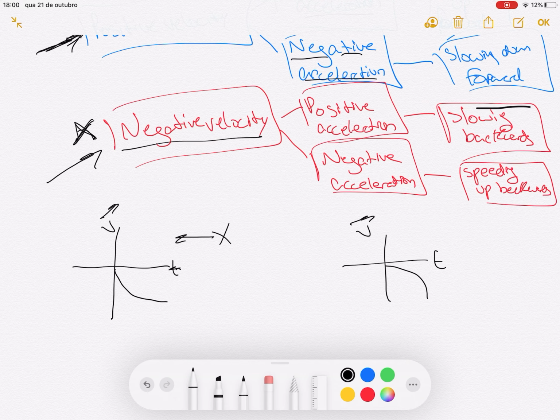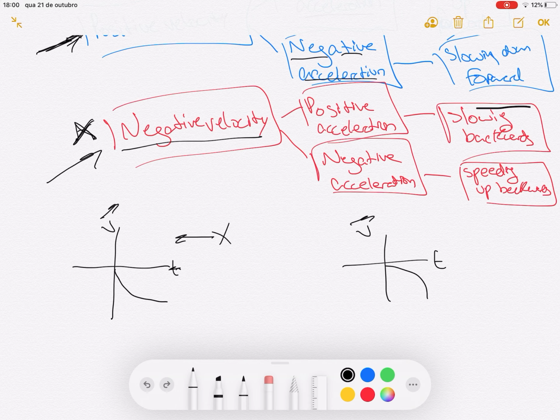And is there positive acceleration? Well, if we don't necessarily know that, we can look at the other columns, this one. But if we do know that, then we can just look at that. So is there positive acceleration? So in this case, it might be easier to know if it's slowing down backwards or speeding up backwards.